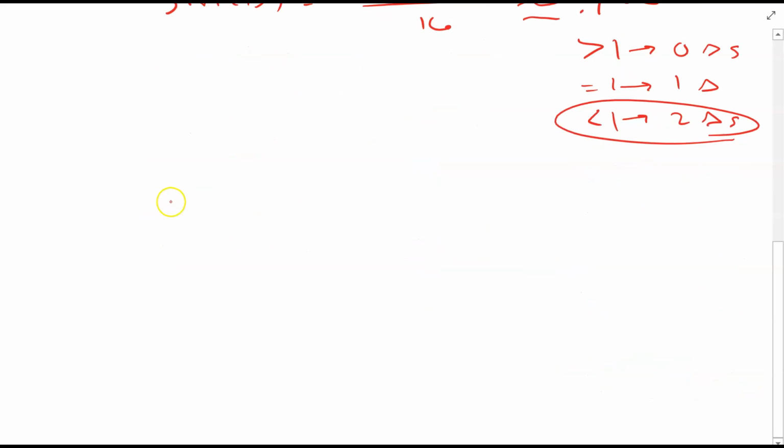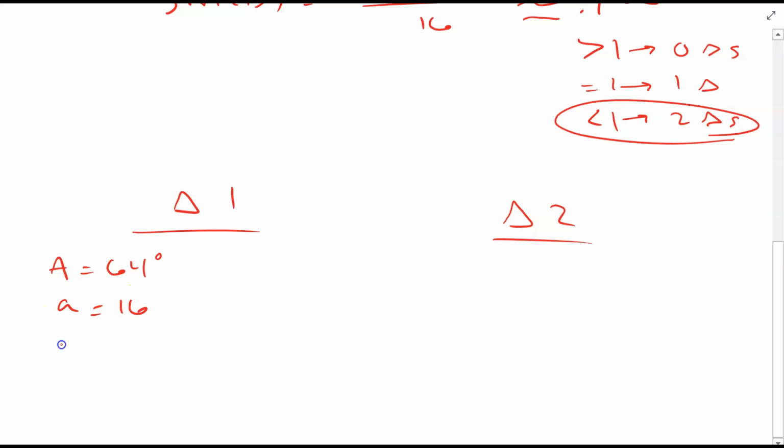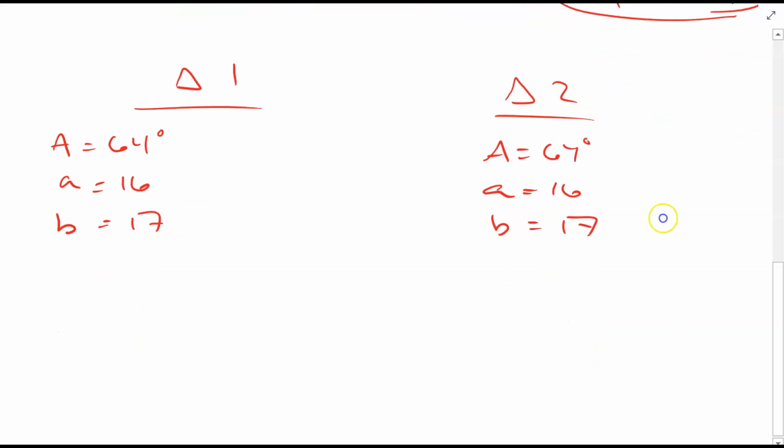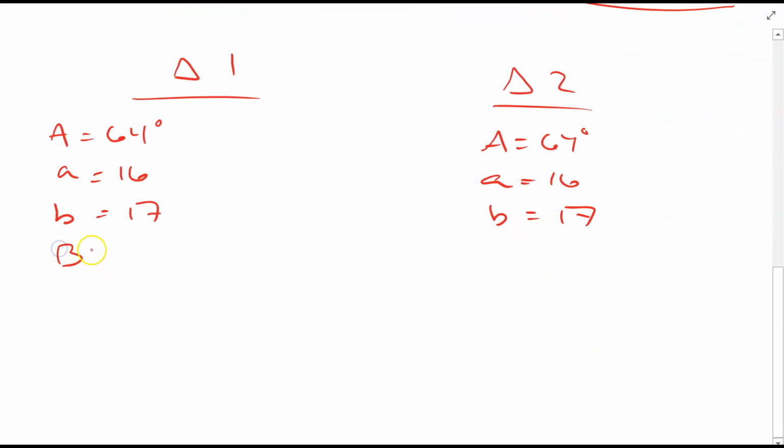All right. So starting this problem then in earnest, for triangle 1 and triangle 2, the given information holds. So in triangle 1, I'm going to have to find angle B, angle C, and then side C. Similarly in triangle 2.